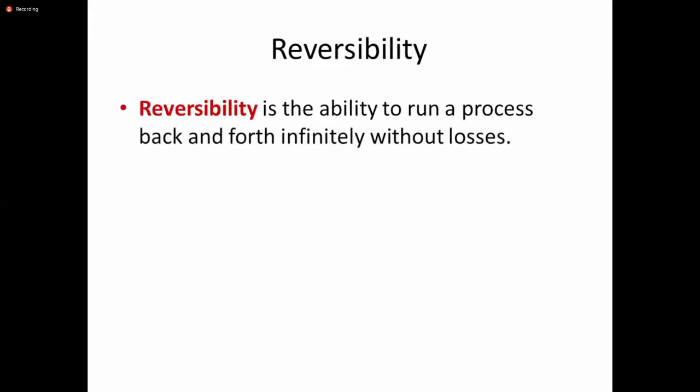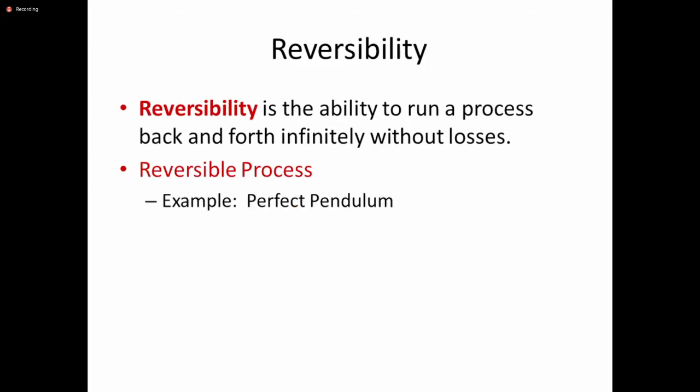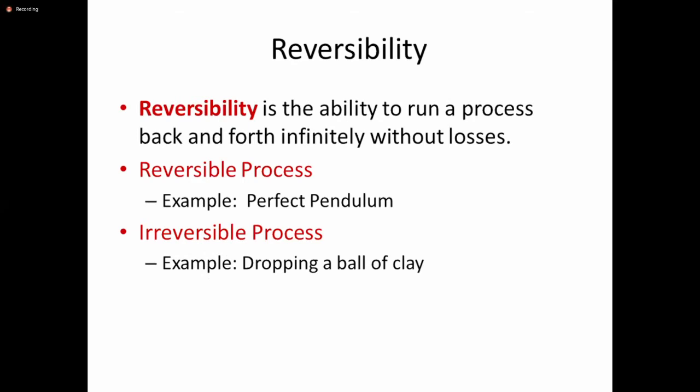Now, reversibility. Reversibility is the ability to run a process back and forth infinitely without any losses. It is very, very difficult to achieve such a process. We require a very controlled environment or controlled volume in order to achieve this process. What are the different types of reversible process? A perfect pendulum without friction is an example of a reversible process. Irreversible process: dropping a ball of clay.